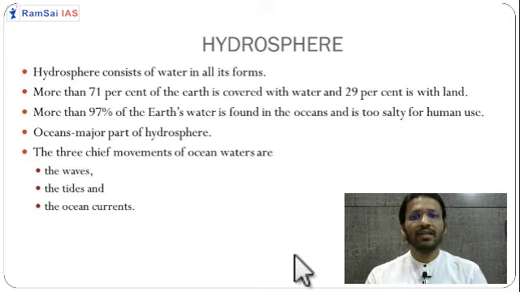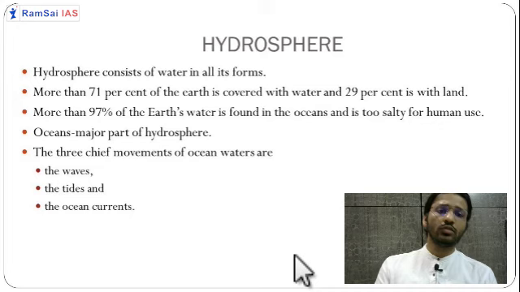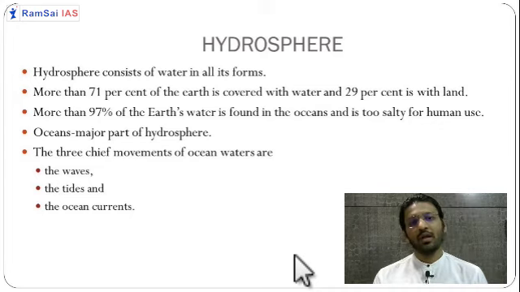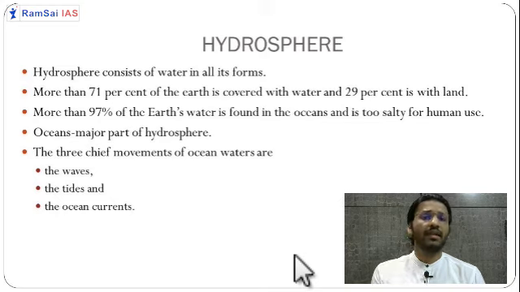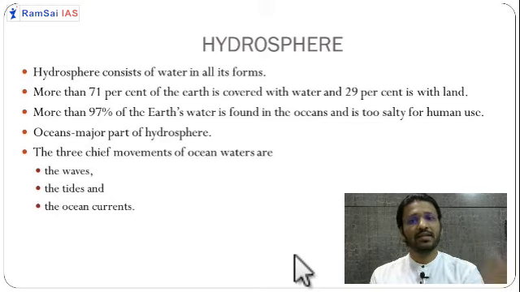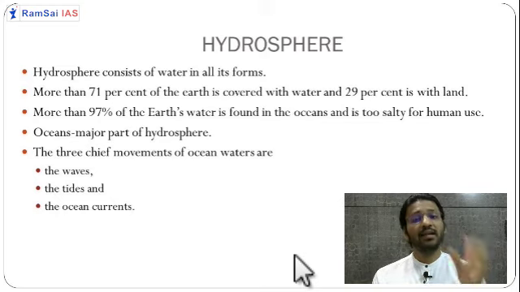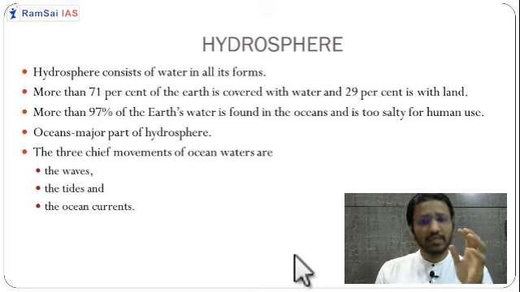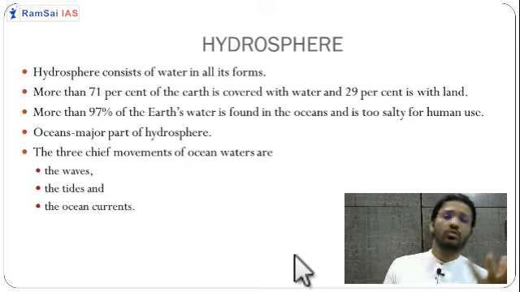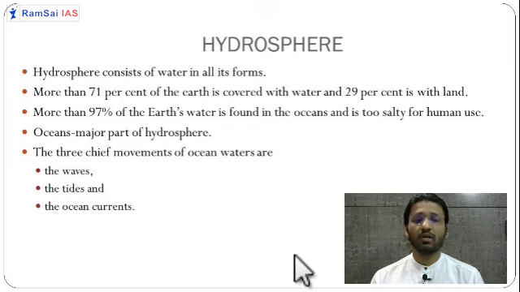So that is why the hydrosphere is very, very important. But if we see the entire water content of the hydrosphere, 97% of the water is present in the ocean. Of that, only 3% is fresh or drinkable water, and huge water is salty water that is present in the ocean.